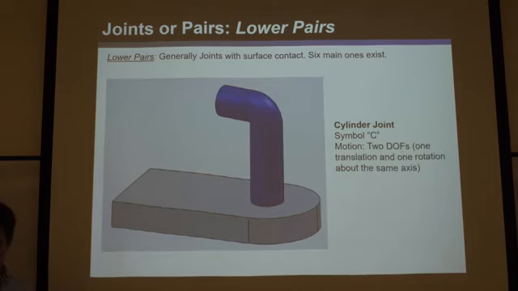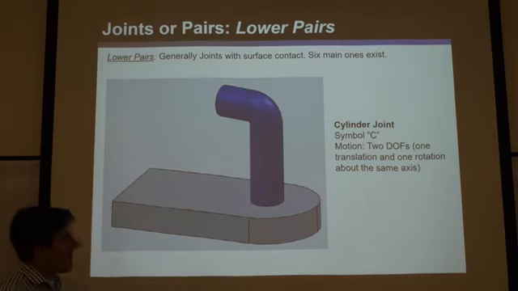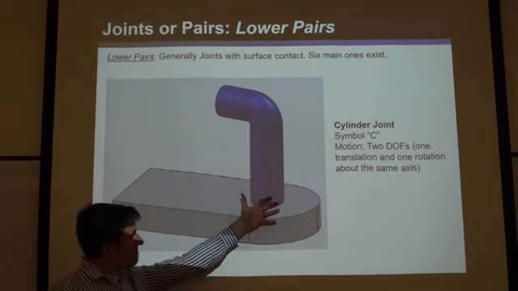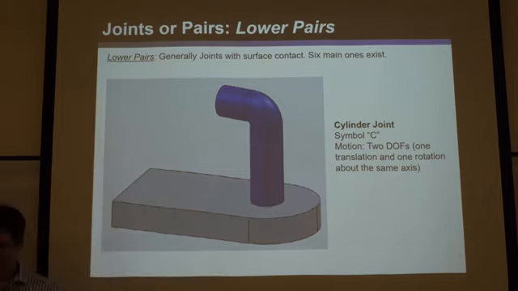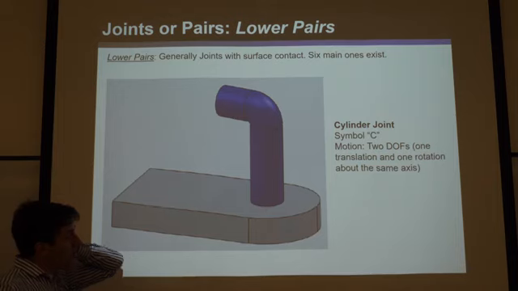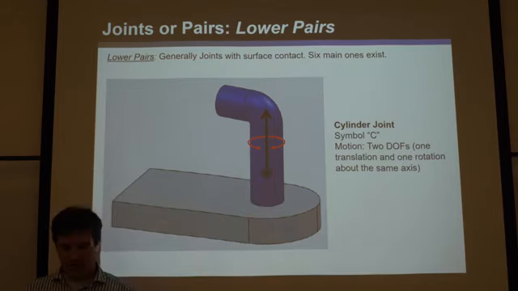Okay, so here we have a cylinder joint. This is another lower pair, of course, because we have surface area contact driving this. It's called the cylinder joint, so C. But the difference between this and the other 3 I showed you is that it achieves 2 degrees of freedom. You can imagine it could translate and rotate, and the reason there are 2 degrees of freedom is because they can do so independently.